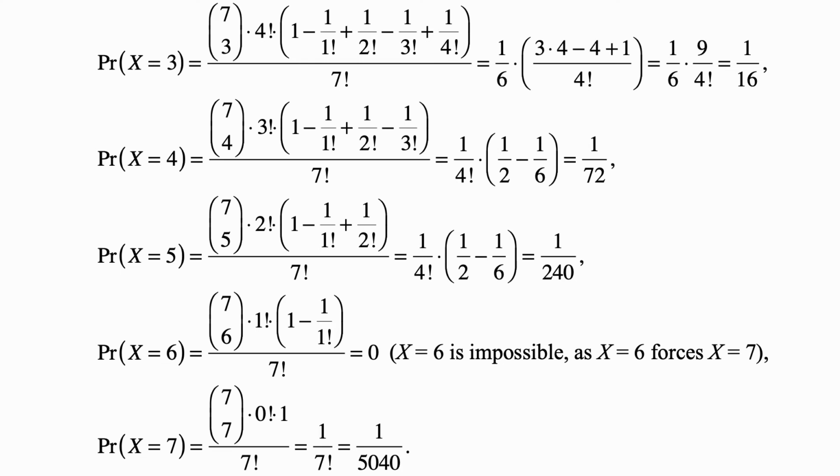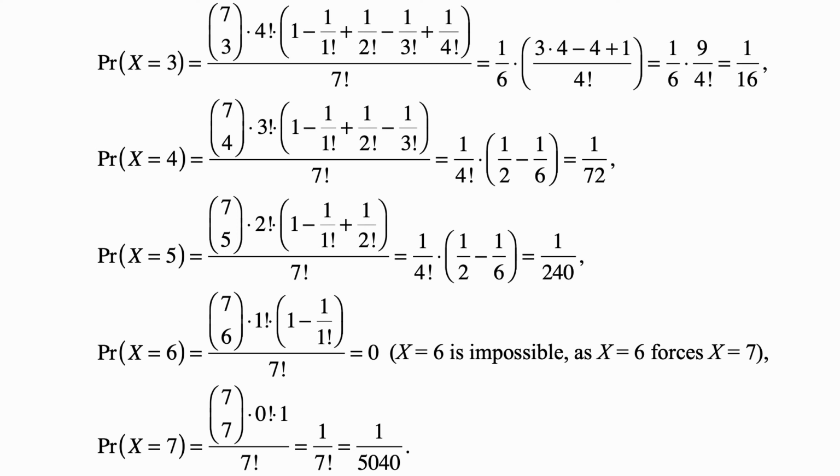That ends up being 1 over 72. Probability that x is 5 is 7 choose 5 times 2 factorial times 1 minus 1 over 1 factorial plus 1 over 2 factorial, divided by 7 factorial. And that's 1 over 4 factorial times 1/2 minus 1/6, so it's 1 over 240.